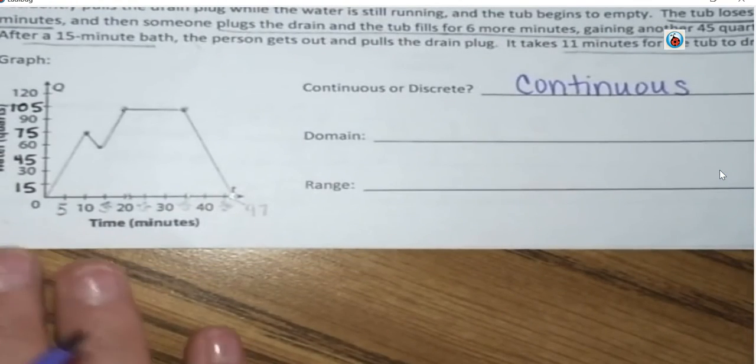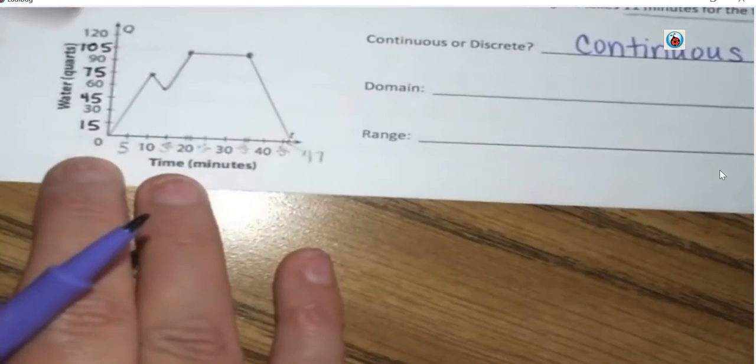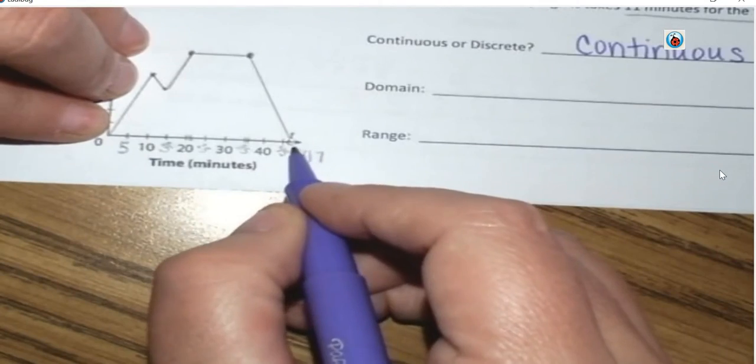Okay, the domain. So domain is all the x values, so ignore the y. Just looking at x, the smallest x and the biggest x. So the smallest is 0. We're using x, so put x in the middle. The biggest x is 47.